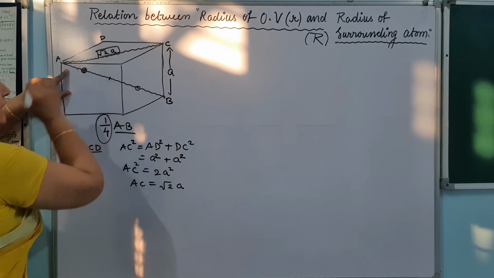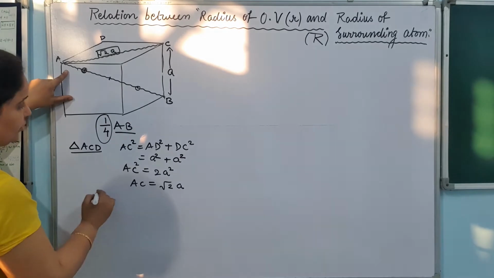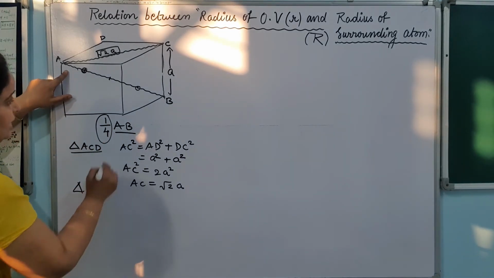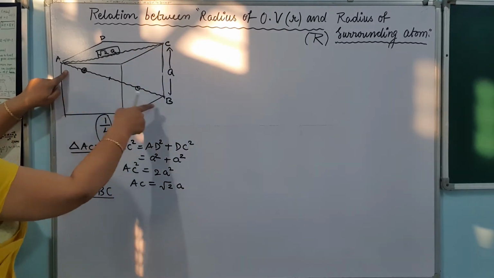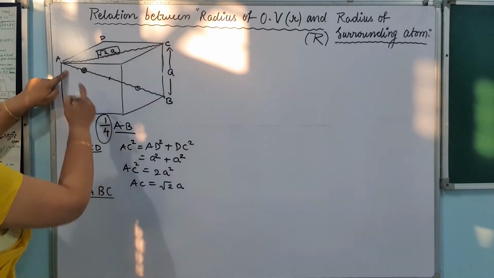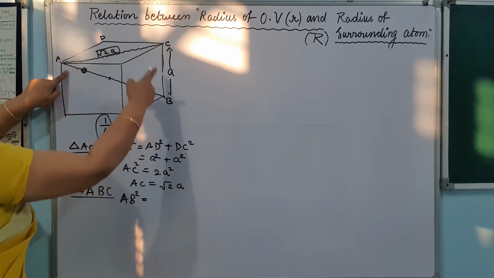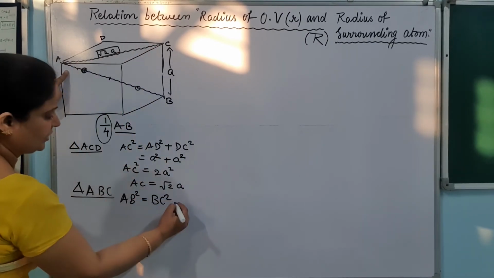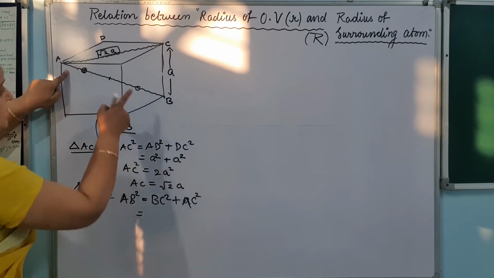Okay, so we got this. Now this we know. We are going to take triangle ABC this time. In this triangle ABC, what is AB? AB square will be equal to BC square plus AC square.